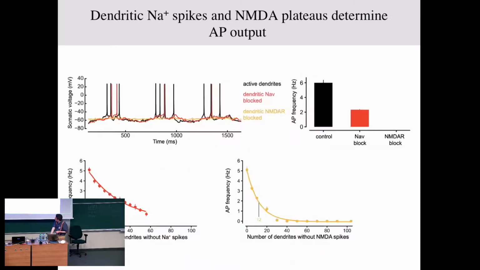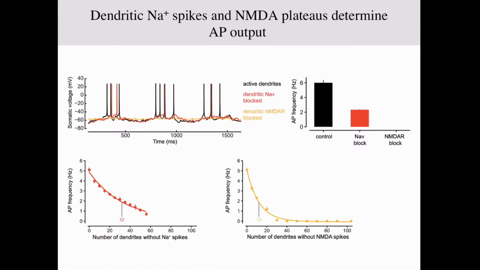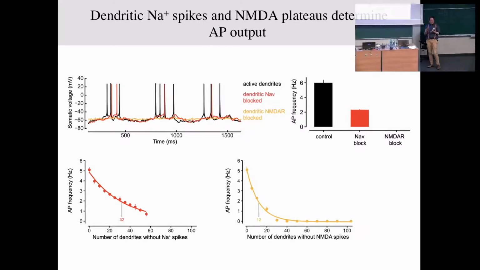And I'm going to switch here. This comes from experiments where people blocked NMDA receptors in vivo. There are intracellular blockers for NMDA receptors called MK801. It's a drug that blocks the open channel. And if you put that in your patch pipette and you patch a single neuron in vivo while the mouse sees a drifting grating, this neuron will stop spiking.